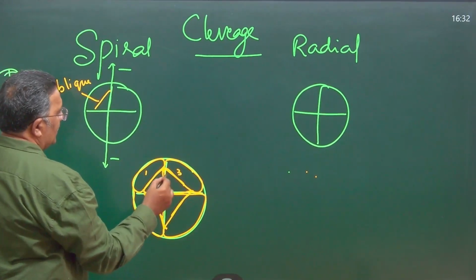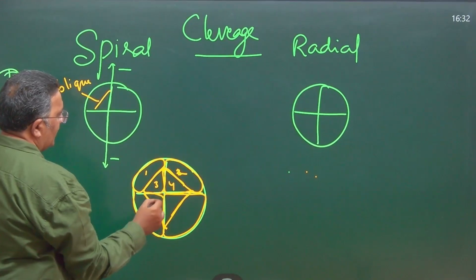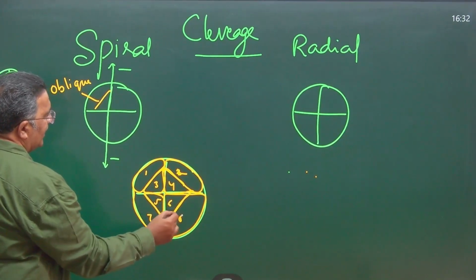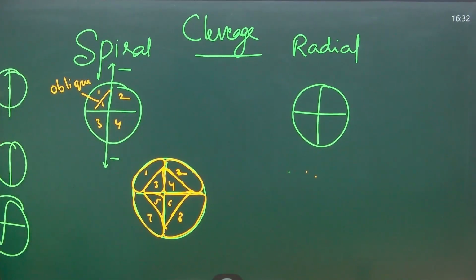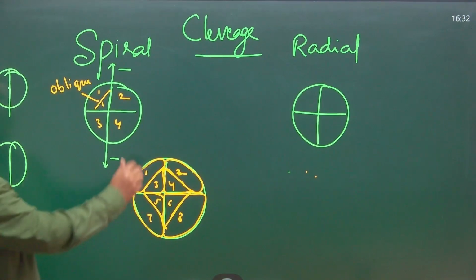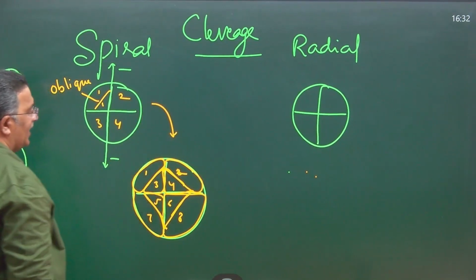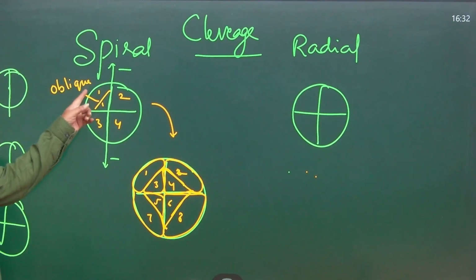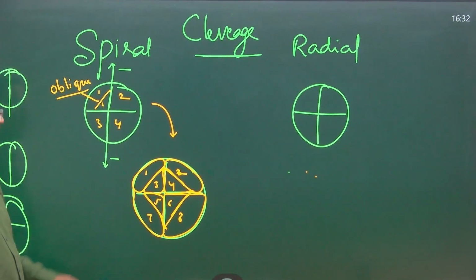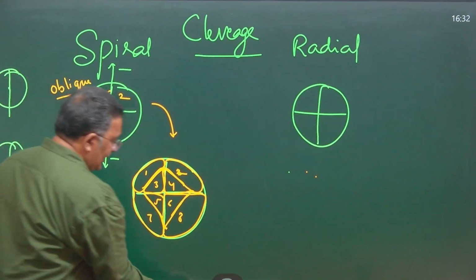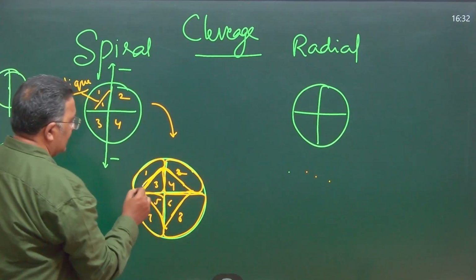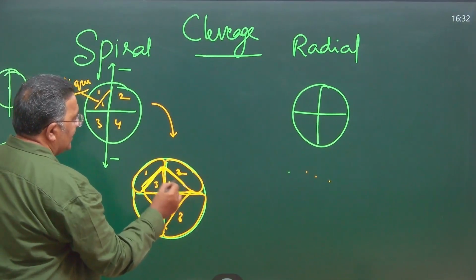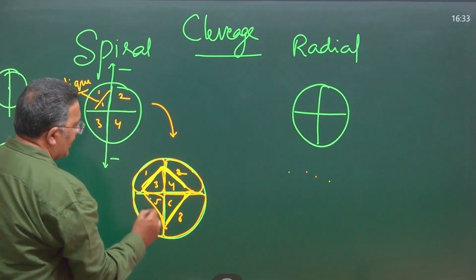Now 1, 2, 3, 4, 5, 6, 7, 8. So how does a four cell stage become eight cell stage? Follow the cleavage pattern, this one, yellow. Oblique, oblique, oblique, oblique.